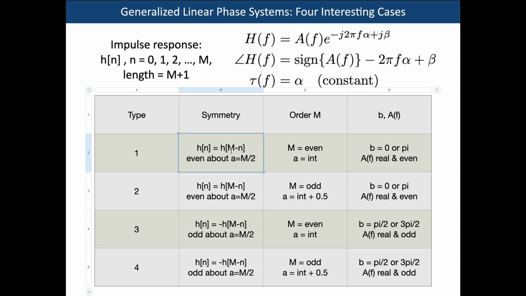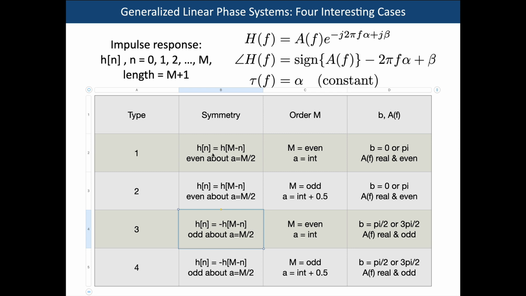If I put n equal 1, then h of 1, the second coefficient, is equal to h of M minus 1, the second to last coefficient. So you can see that this describes the symmetry correctly in every case. We don't need alpha to describe the symmetry. We'll just describe it in terms of capital M, the order of the filter.